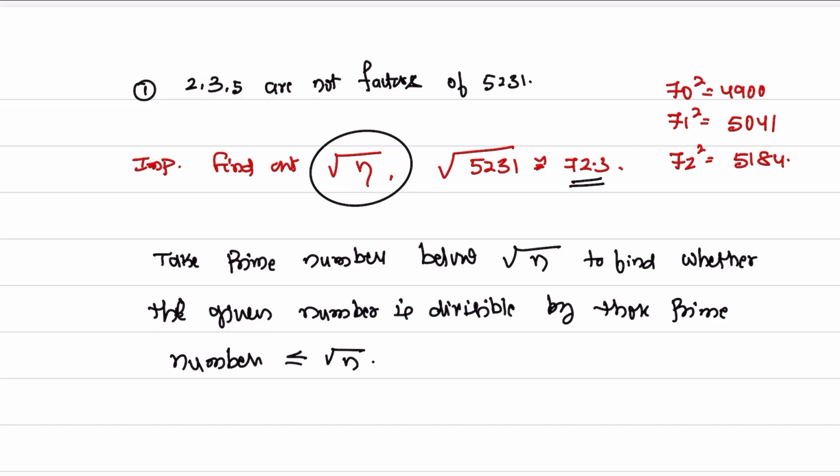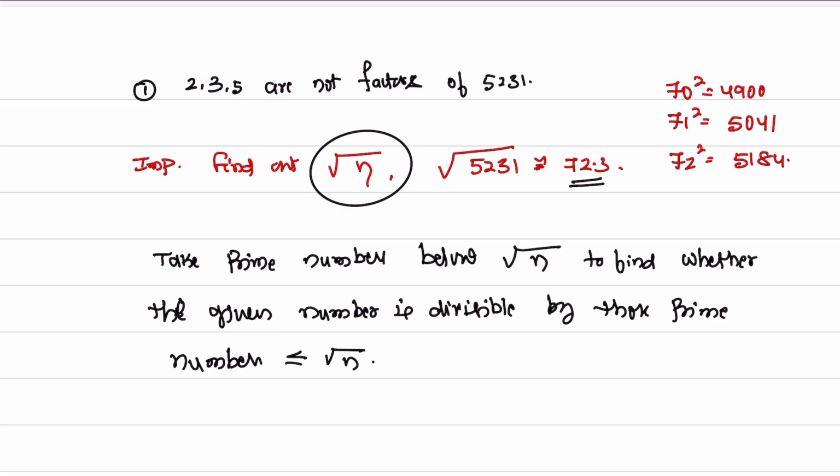Here, initially in the first step, we found whether it is an even number or an odd number, to find whether it is divisible by 2 or not. Then we found whether the sum of the digits is divisible by 3 or not, to find whether it is divisible by 3 or not.